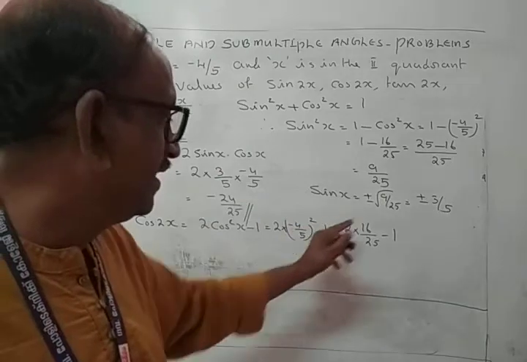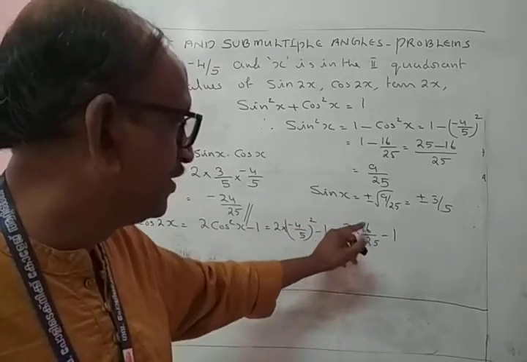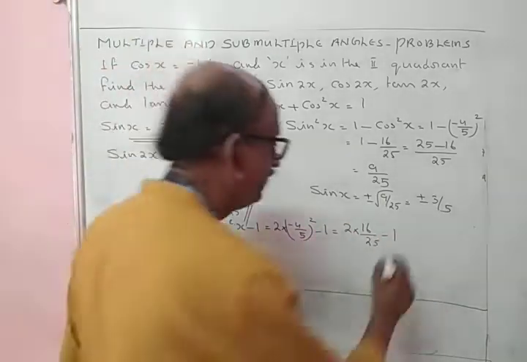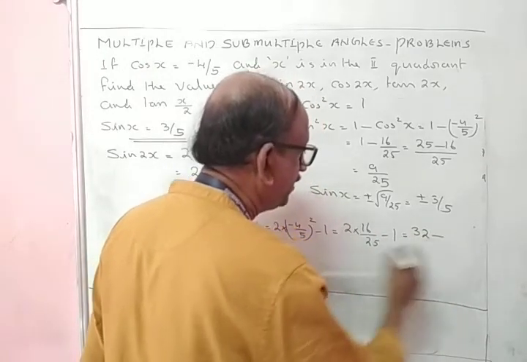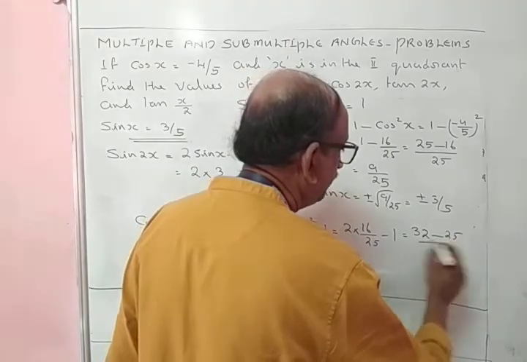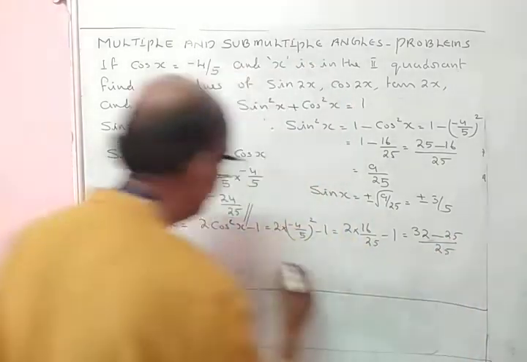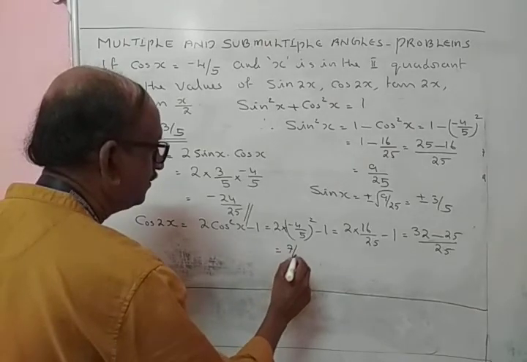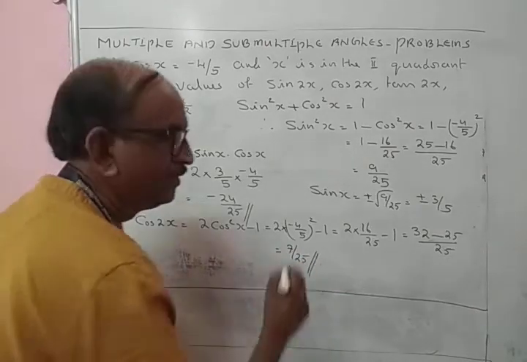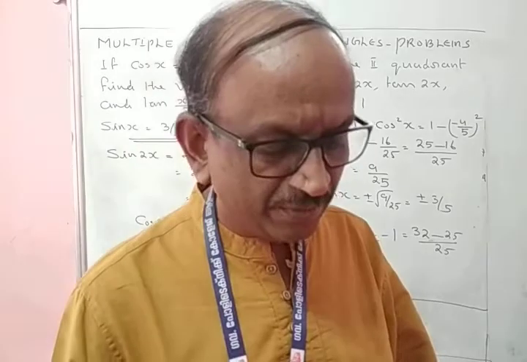Minus 4 squared is 16. 5 squared is 25. 2 into 16 by 25. Then cross multiplication. 2 into 16, 32. Minus 1 into 25, 25, by 25, is equal to 7 by 25. Therefore, cos 2x is 7 by 25.